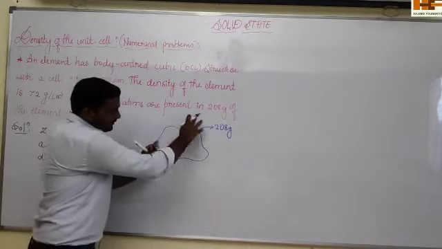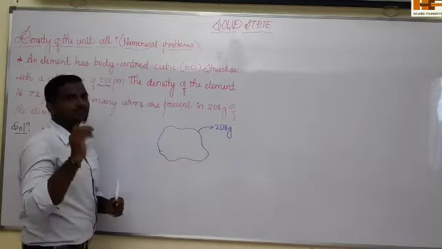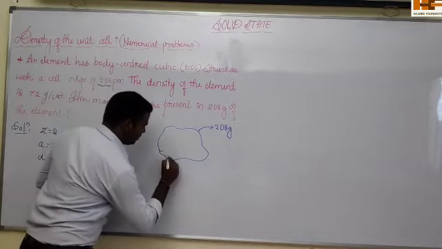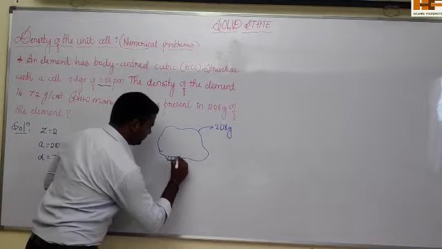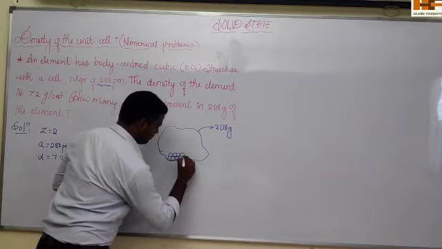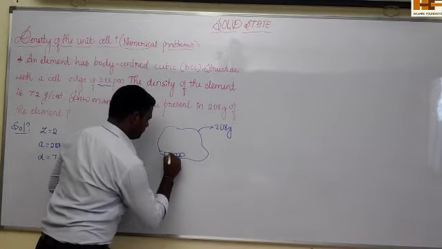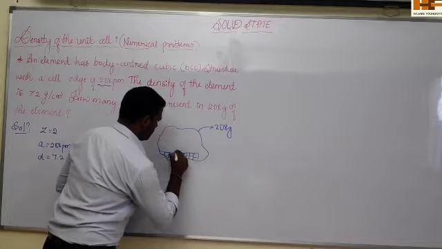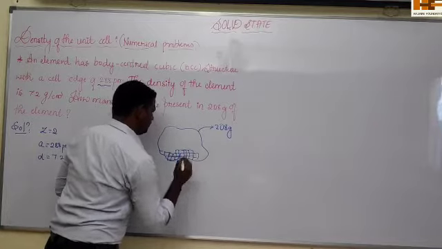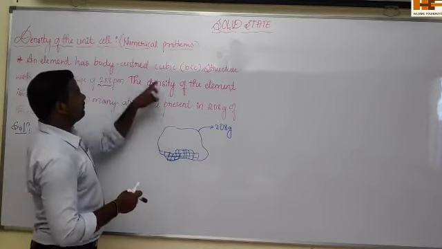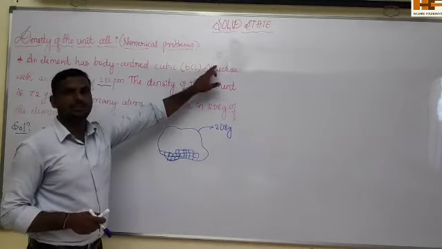But this crystal, whatever the crystal is there, it is made up of the BCC, body centered cubic unit cell. Whatever the crystals are arranged here, like this, this crystal is made up of the body centered cubic unit cell.